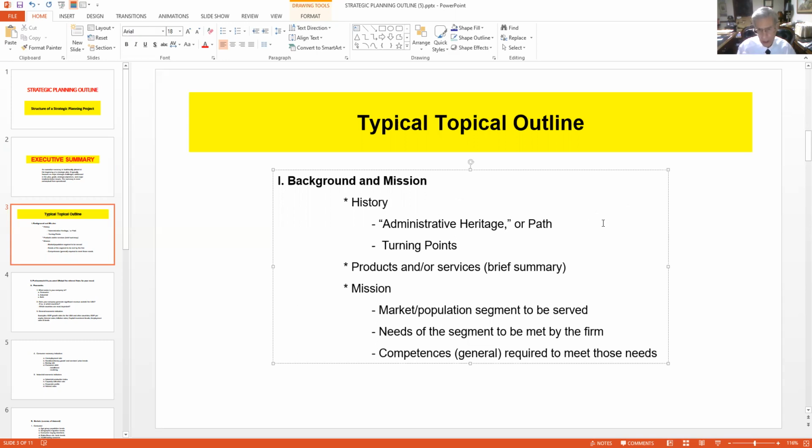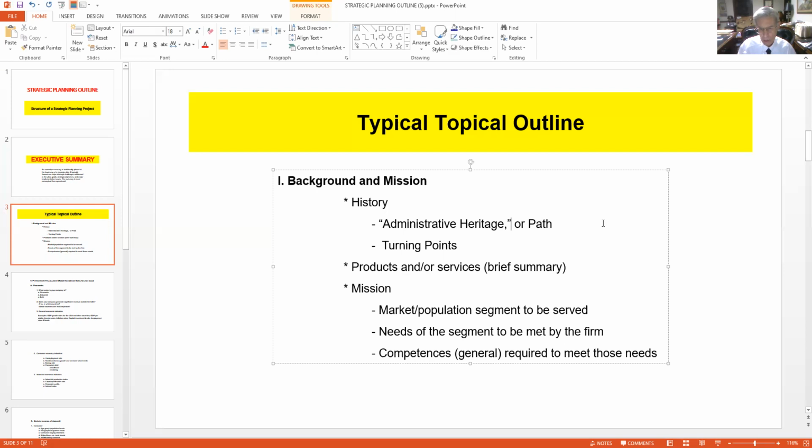It was coined by a couple authors who contributed quite a lot to the strategic management literature, but they talk about an administrative heritage or that path that the company travels through over time, and from time to time reaches a particular juncture where the company could go one direction or another, or there's a key change, very often in the chief executive.